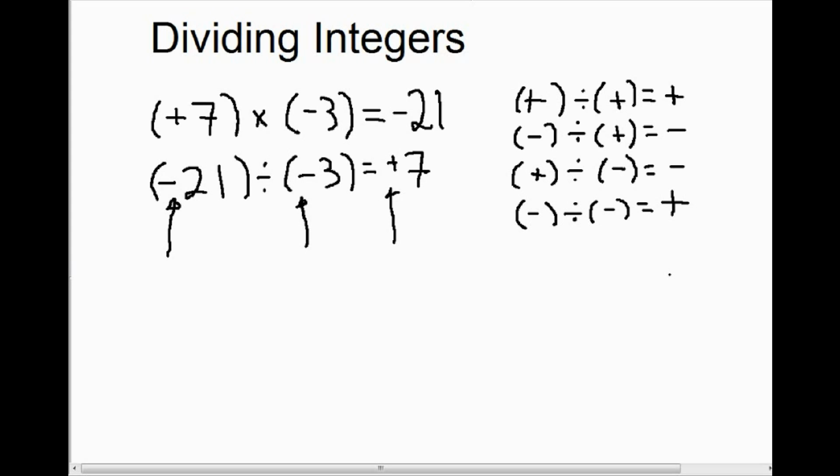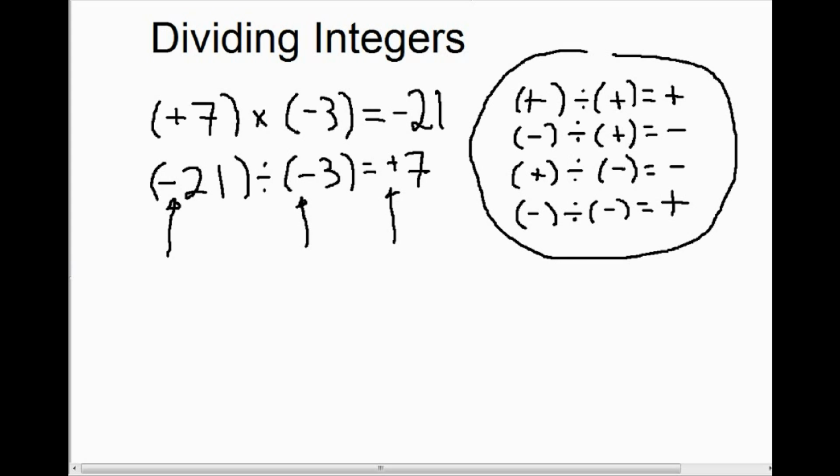In fact, when it comes to integers, multiplying and dividing is a bit easier than adding and subtracting. We've got these rules that we've now established, and they're always going to work, and they always stay the same. Whereas with adding and subtracting, it's a little bit more complicated. You have to think about a number line, which direction you're moving on the number line, and where you end up. But these rules for dividing, which are the same as for multiplying, are the same every time.